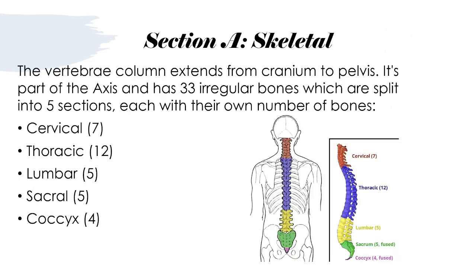The vertebrae: you need to know the different sections of the vertebrae. There are 33 irregular bones split into 5 sections: cervical, thoracic, lumbar, sacral or sacrum, they both work, and coccyx. As you can see, the different sections have different numbers of bones: 7, 12, 5, 5, 4.